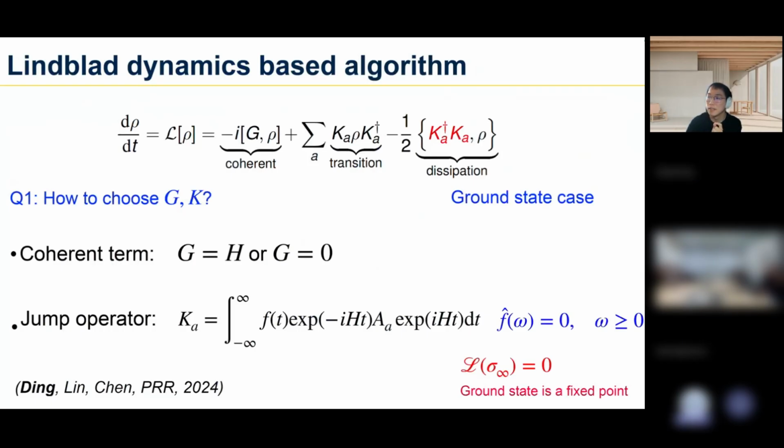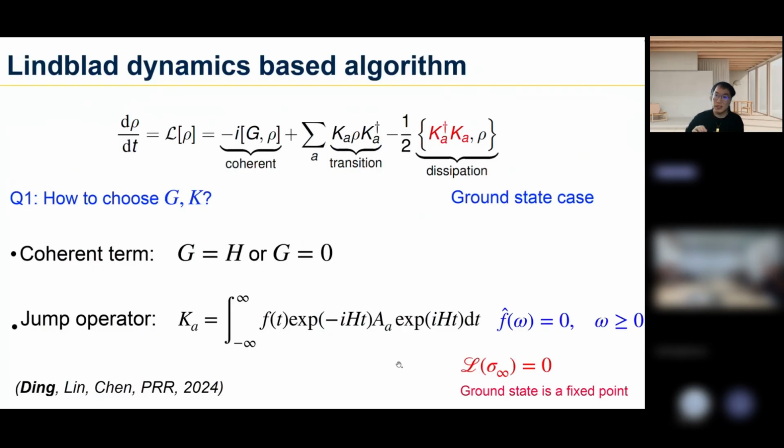I see. But in the Lindbladian case, you need this Hamiltonian simulation and Fourier transform. So how do you get rid of this in this single ancilla algorithm? Right. I do think this is a fantastic question. In the Lindbladian framework, the complicated thing is we need to construct this jump operator.